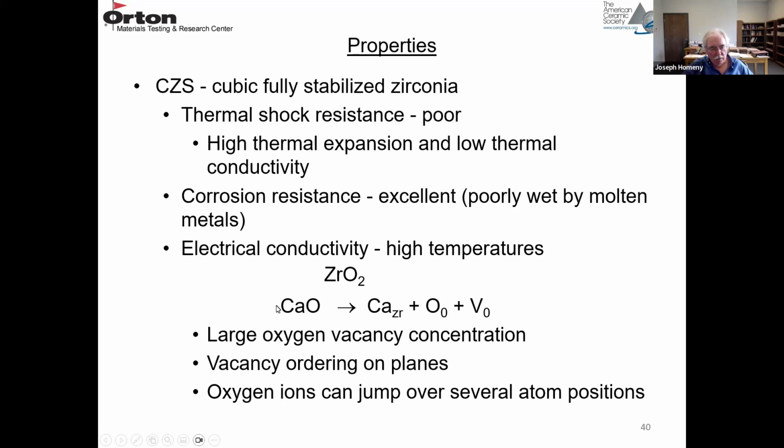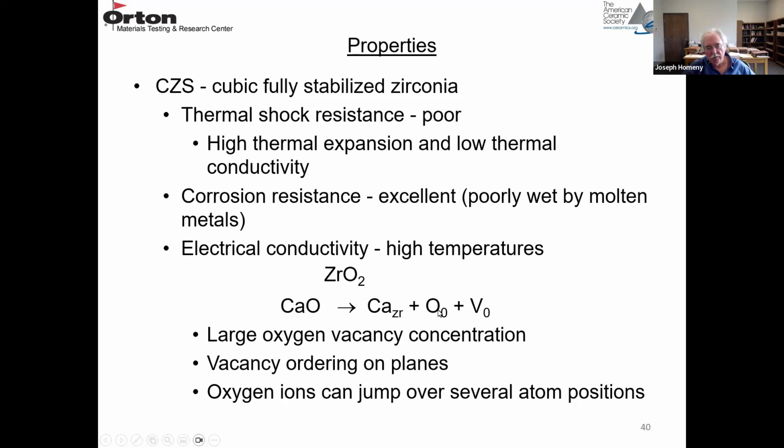So what happens when you stabilize the zirconia? You're adding CaO to this material, ZrO2. So the Ca ion goes on a Zr ion site. So Ca goes on Zr site. So the notation here is the Ca ion is sitting on a Zr site. Then this oxygen is going to sit on one of these oxygen sites, one of these 2 oxygen sites.